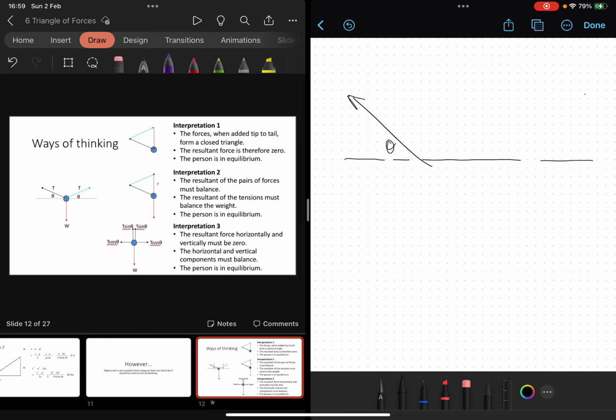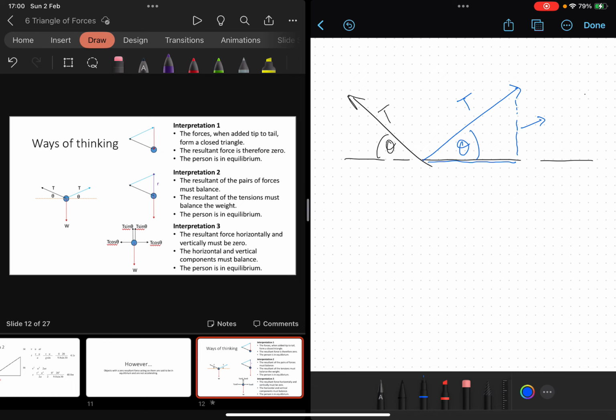Okay, one thing to note is that both of these are at the same angle, theta. More on that in a moment. Okay, so we've got tension and we've got tension. Each tension has a vertical and a horizontal component to it.